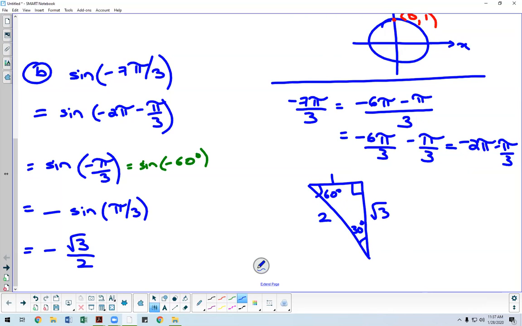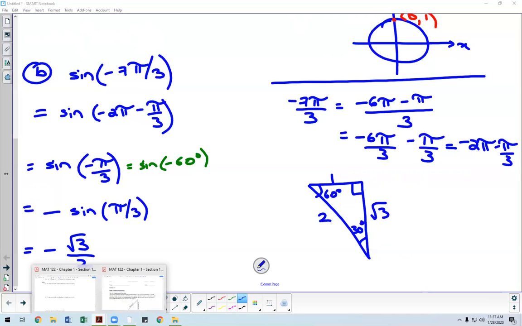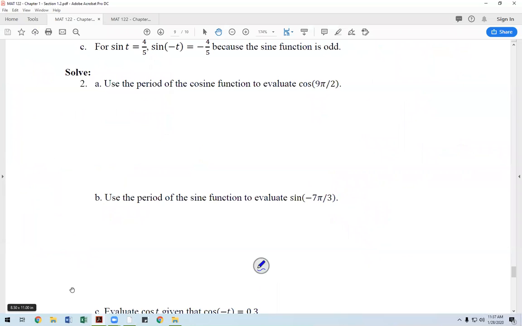So everything that we talked about last time, you can use to help you out based on what degree angle you're looking at, and then the definitions for your sine, cosine, tangent functions and their inverse functions themselves. So it's going to come out to be negative square root of 3 over 2. Okay, what about this last one here?